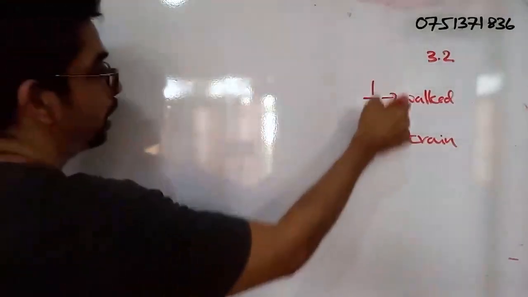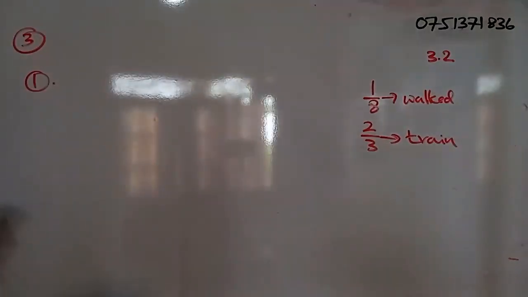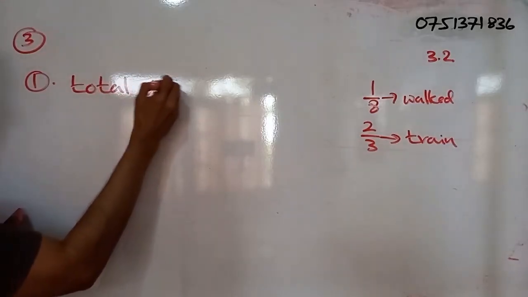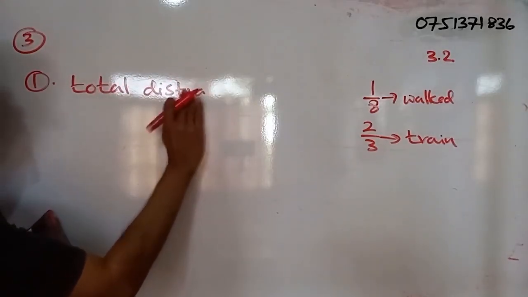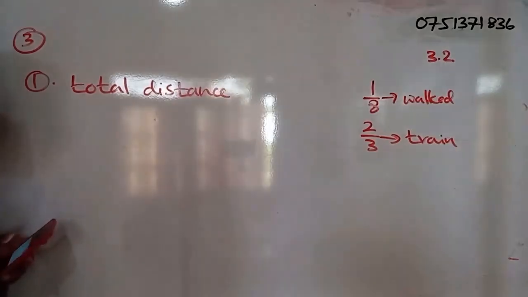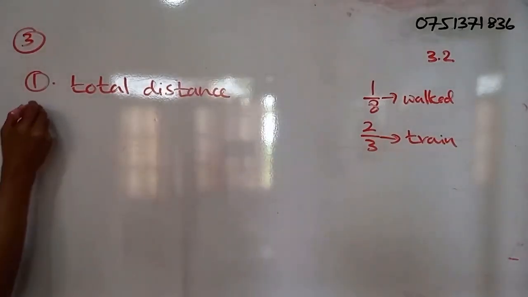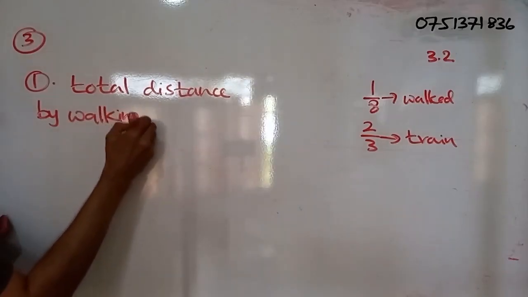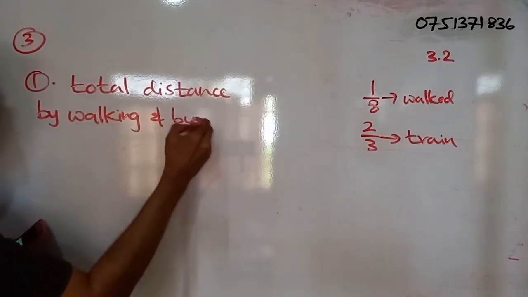We have to just add these numbers together, right? Total distance by walking and by train.